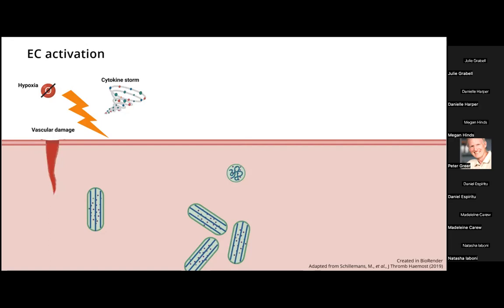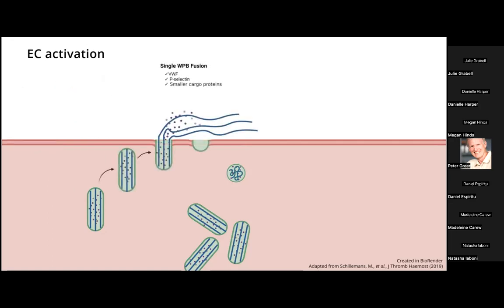When endothelial cells are activated, their Weibel-Palade bodies will migrate to the cell surface and then fuse with the plasma membrane in a few different ways. The first form of fusion is, of course, single Weibel-Palade body fusion, which involves a single Weibel-Palade body. In this form, the Weibel-Palade body will fuse with the membrane and release its contents into the lumen. This includes, of course, VWF.